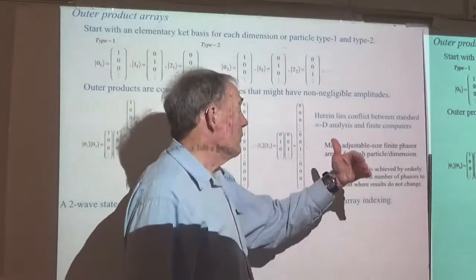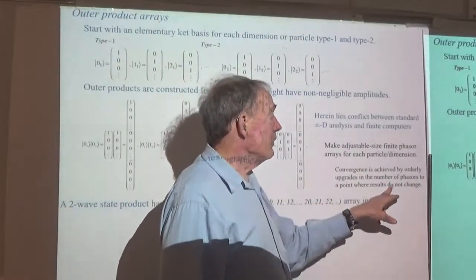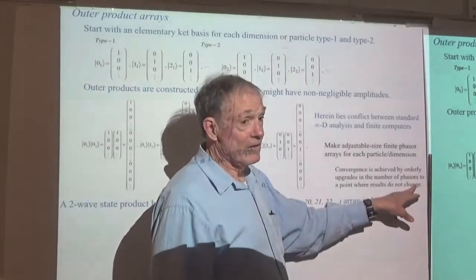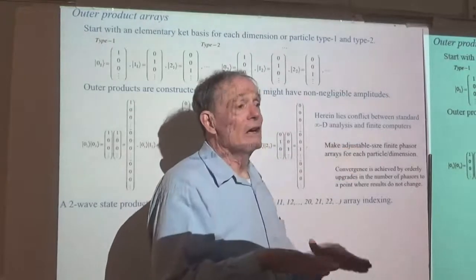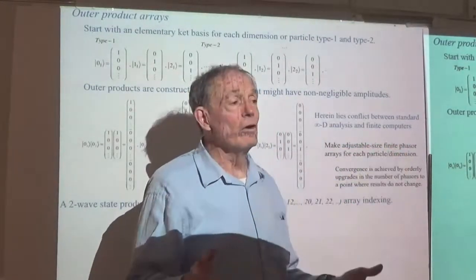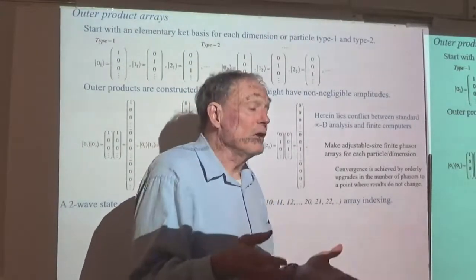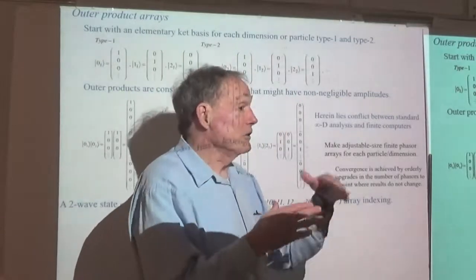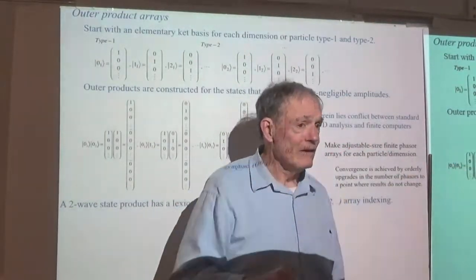In other words, you use more and more memory, and you see where is that point where the results do not change. And if you're talking about coherent states, there's that tail, and the idea is that you find how far out from the tail you can go, where your results don't change if you increase the dimensions. Now, if you excite the thing more heavily, then all of a sudden you're going to have to use more memory because that Poisson distribution starts to get bigger.